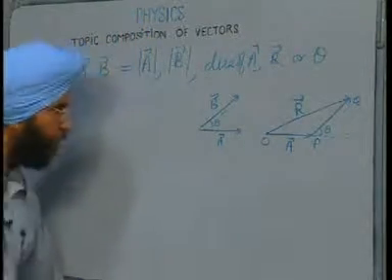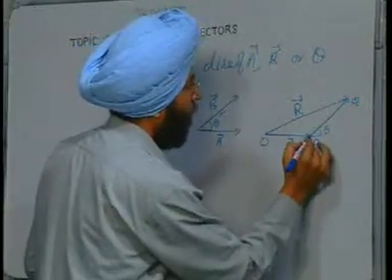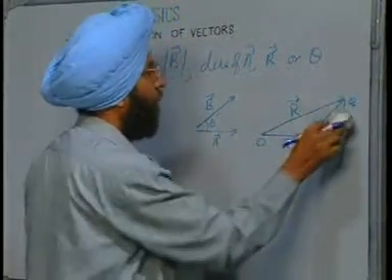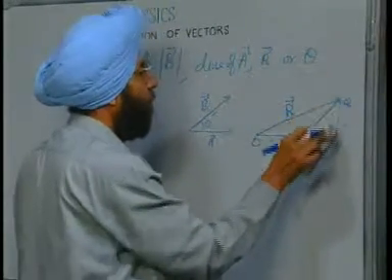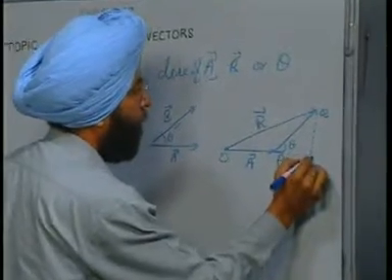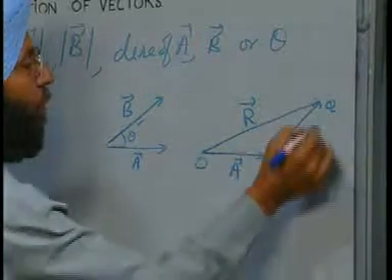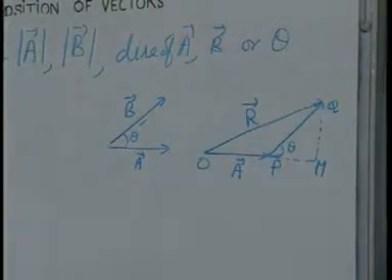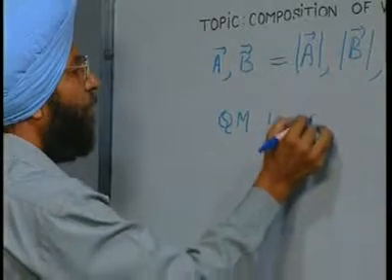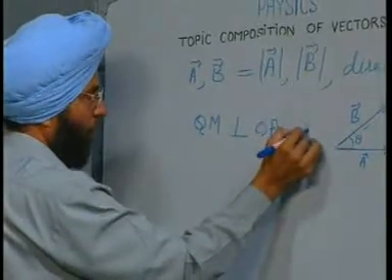To find the value of OQ, we will make use of trigonometry and Pythagoras theorem. We drop a perpendicular on OP produced from Q. QM is perpendicular on OP produced, OP or OM.